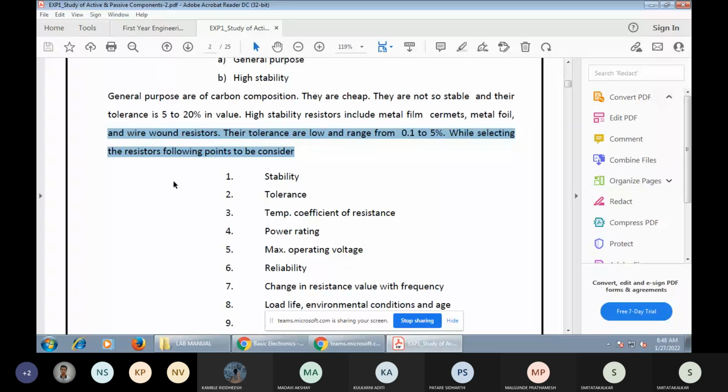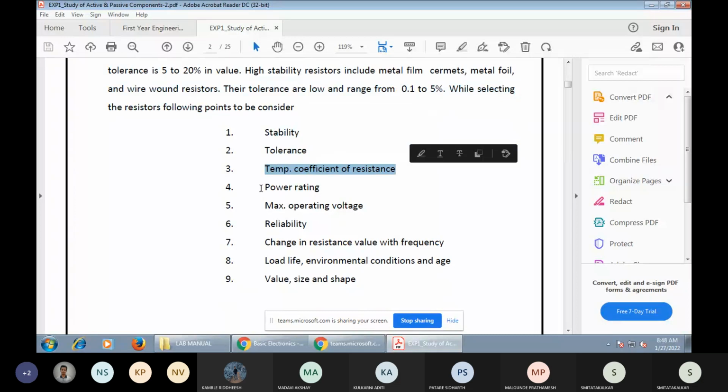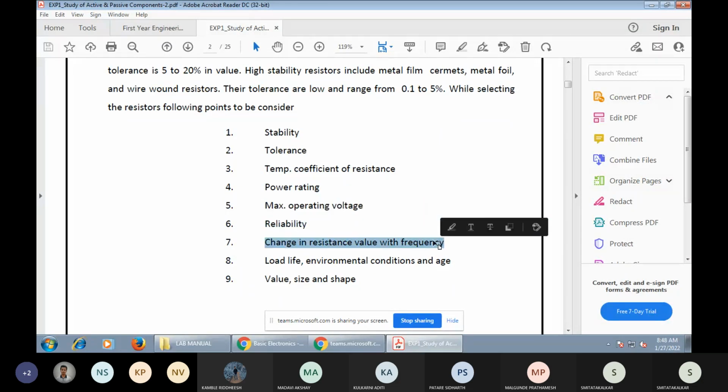That's why while selecting a resistor, the points to consider are stability, tolerance, temperature coefficient of the range, power rating, maximum operating voltage, reliability, change of resistance value with frequency, load life, environmental condition, weight, value, size and shape. All these specifications you can see.